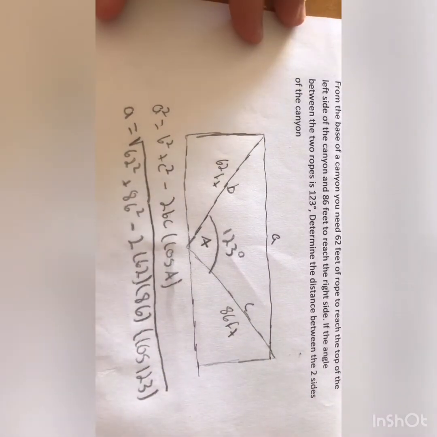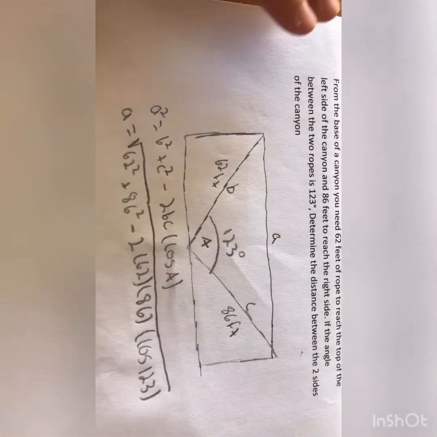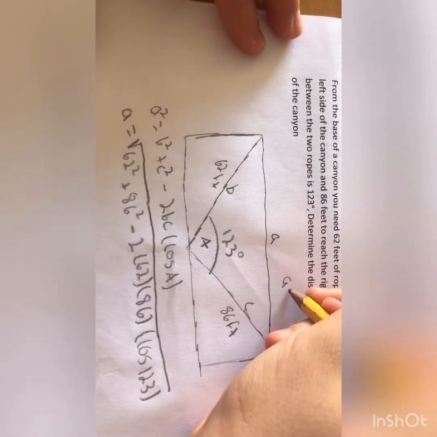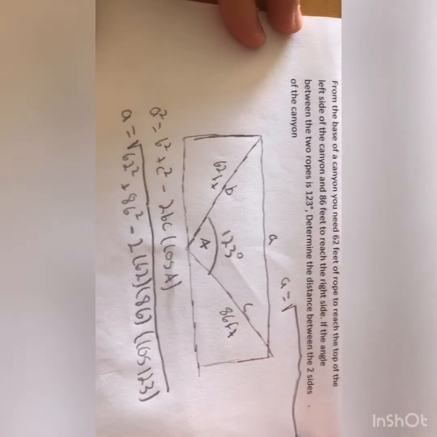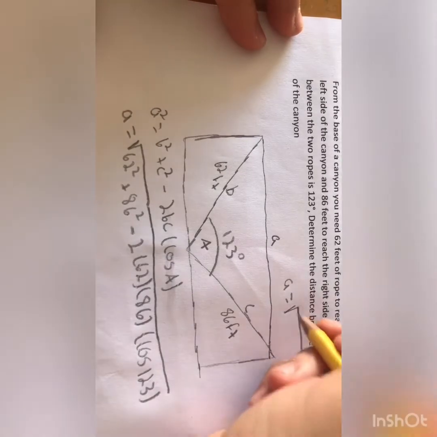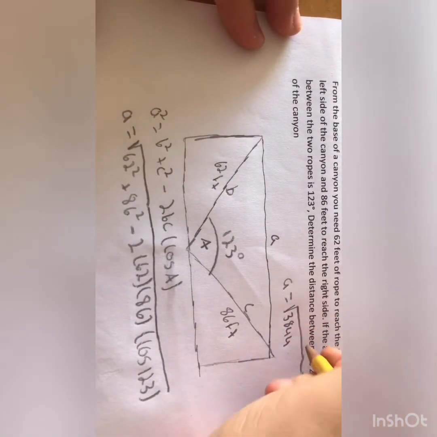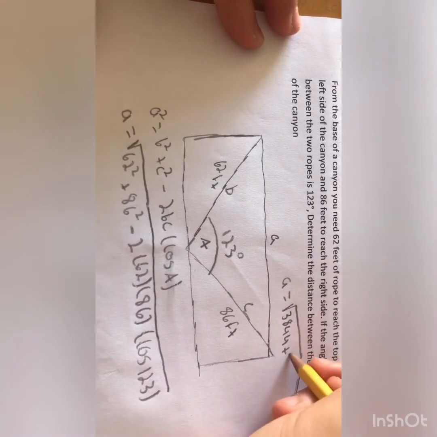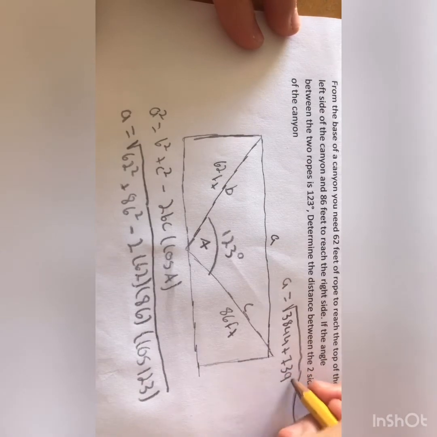Now we'll start answering it, which would be A equals the square root of 3,844 plus 7,396.